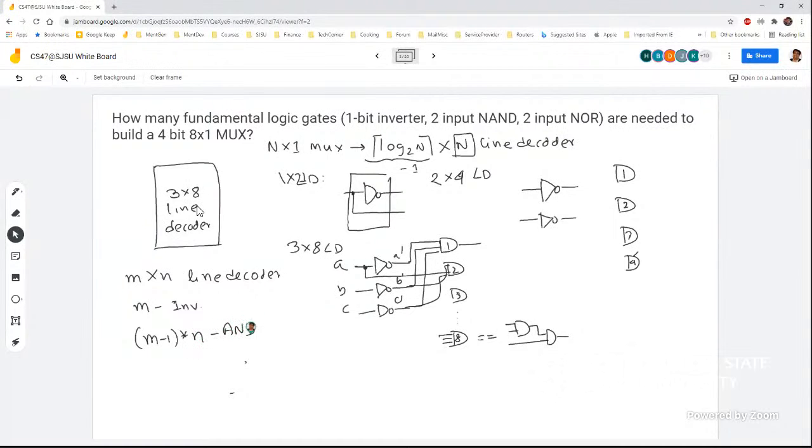And then AND gate is broken up into 1 inverter and 1 NAND gate for fundamental gates. But this is the whole generic term, like calculation idea for the decoder part, right? Any questions so far?